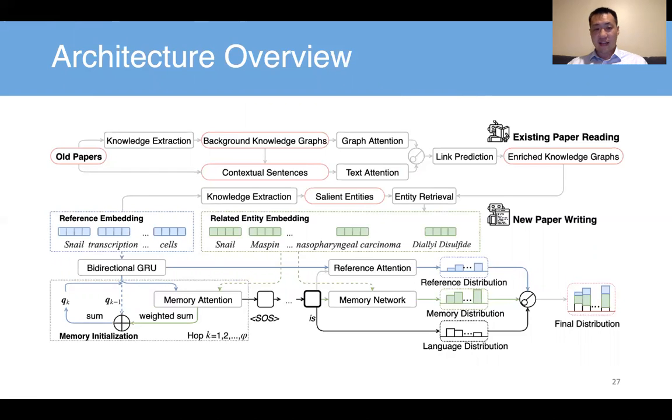And then based on that, they try to generate new sentences or text for a new paper, describing the new idea. So the new idea is represented as links in the enriched knowledge graph, and now they are transforming the predicted links into sentences. Okay.